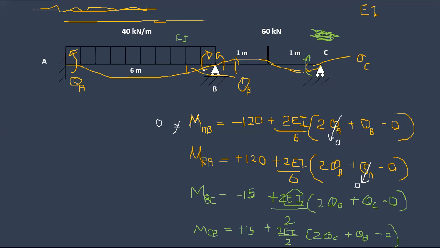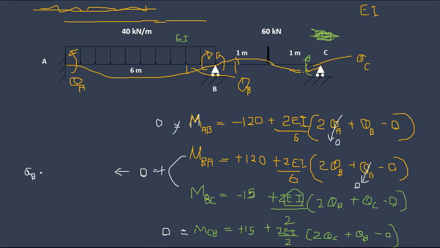So that means MBA plus MBC should be 0, and that way you can get rid of MBA and MBC and form another equation, right?